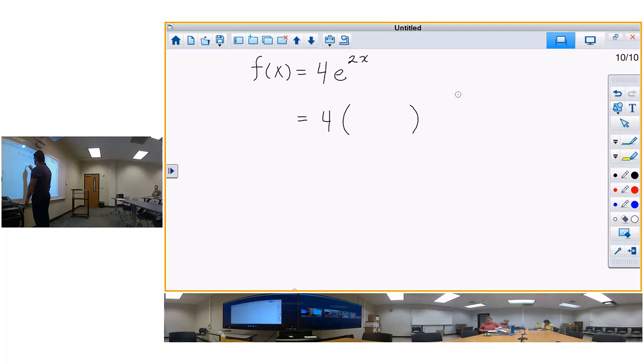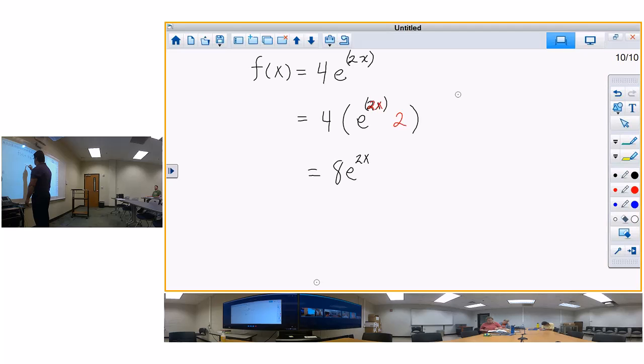Well, what's the derivative of any e term? The same term. So the derivative of e to the 2x is e to the 2x. But remember I told you to put this in parentheses so that you will remember that you have to use the chain rule and take the derivative of what's inside, which would be what? 2. And I'm going to put that in red so you remember that you took the derivative of what's inside. So therefore, your answer is 8e to the 2x.